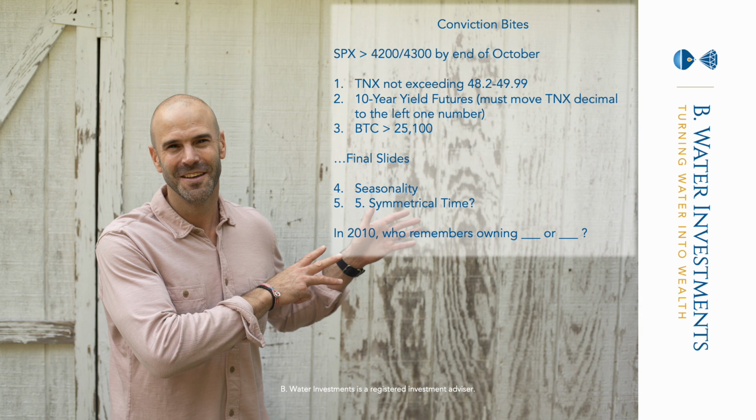And sometimes when Bitcoin is performing well, so is tech, and so is growth stocks. So that is what we're highlighting: if Bitcoin is above 25,100 by the end of October, this isn't a bearish environment. It's a bullish environment with risk appetite.